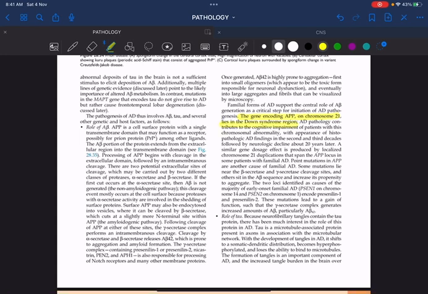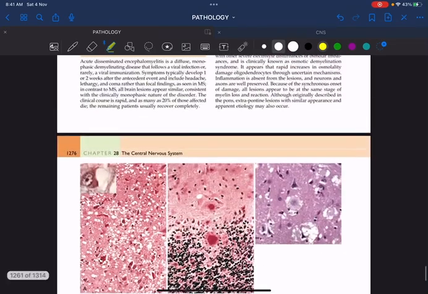That is why in Down syndrome there is cognitive impairment, and there will be early onset of Alzheimer's disease in patients with Down syndrome. There are two other loci also for early onset familial Alzheimer's disease, on chromosome number 14 and chromosome number 1, that is presenilin 1 and presenilin 2. As a result there will be a gain of function mutation of gamma secretase enzyme that is responsible for the increased amount of A beta amyloid.